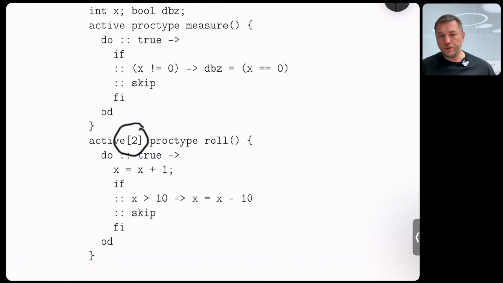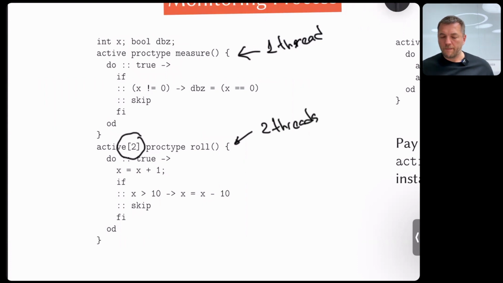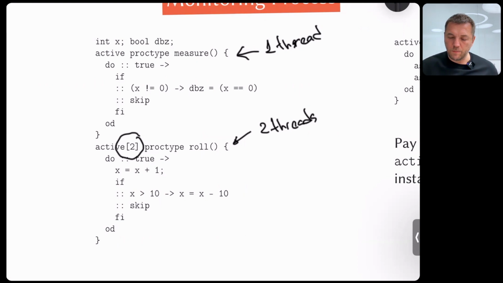You can guess it means: run this process in 2 threads. Not in 1 thread, but 2 threads, so run them in parallel. So in total there will be 3 threads: 1 thread here, and 2 threads over there. That's the modification.